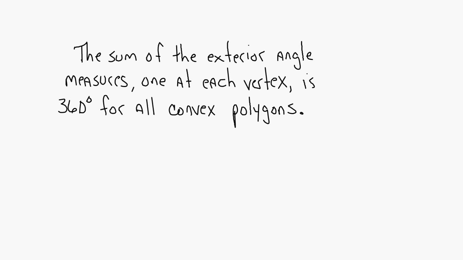The sum of the exterior angle measures, one at each vertex, is 360 degrees for all convex polygons.